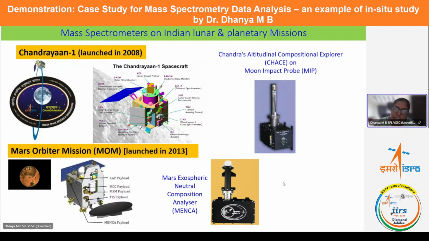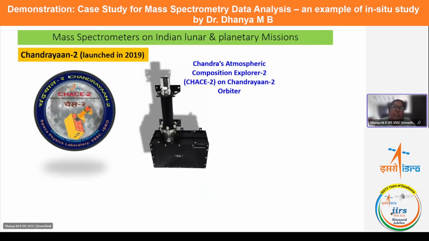Next, we got the opportunity on the Chandrayaan 2 orbiter, where a similar mass spectrometer was flown. This time, it is not on an impactor. It is on an orbiter. An impactor means that from a given altitude it got separated and then fell on the ground, so it can measure only for that much time.